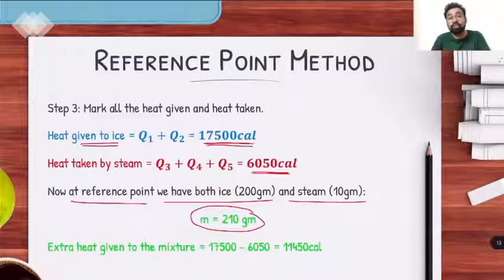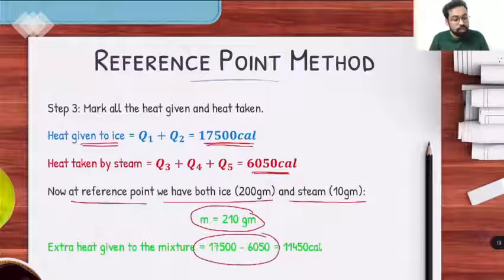So obviously you've given a lot of extra heat to ice. How much extra? Very easy to say. The difference of these two is the extra heat that has been given to this mixture. That is 11,450 calories.